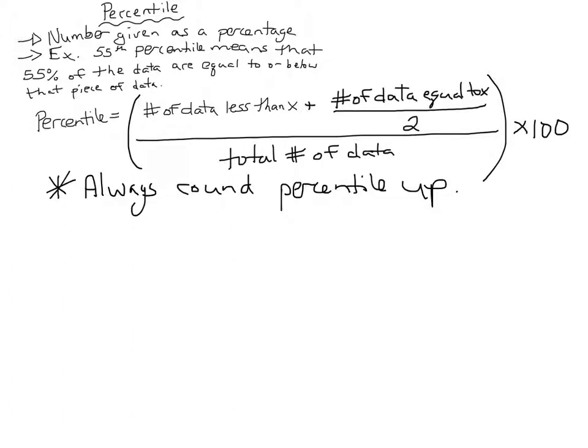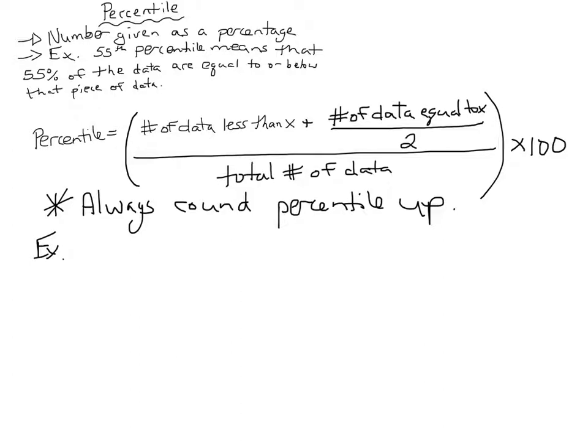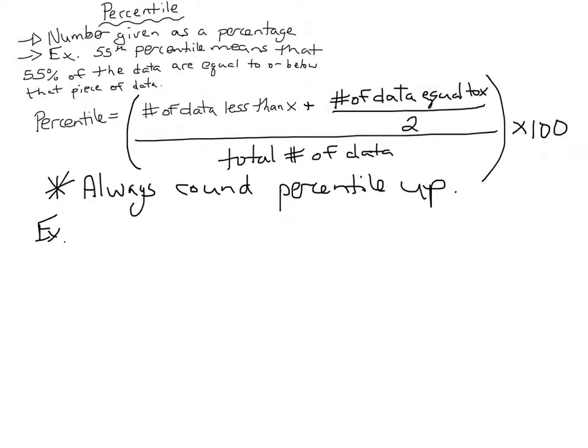Yeah, I'm good. Okay. So here's an example. So for example, we have these numbers. 1, 1, 3, 5, 7, 7, 12, 15, 43, 90.